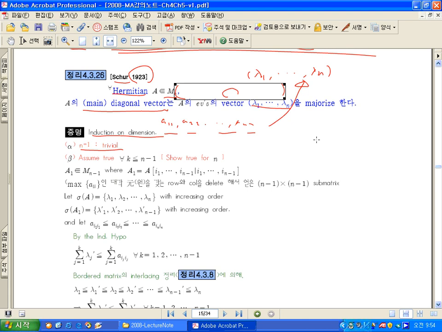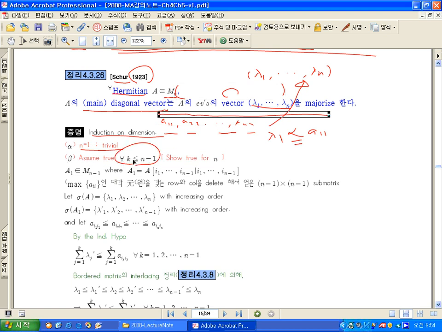So we have one eigenvalue, and there is no doubt. Because they are equal, the majorization is preserved. Okay, so assume the statement is true for all k less than or equal to n minus 1.